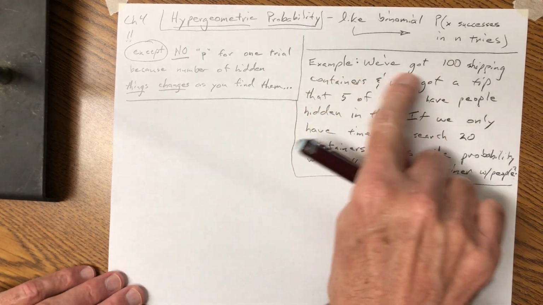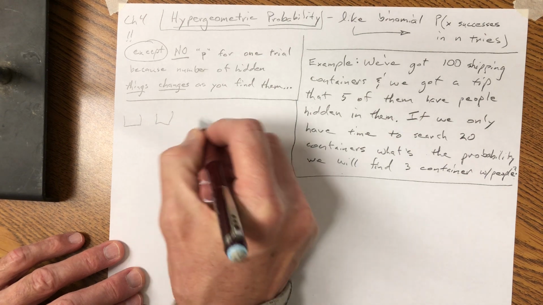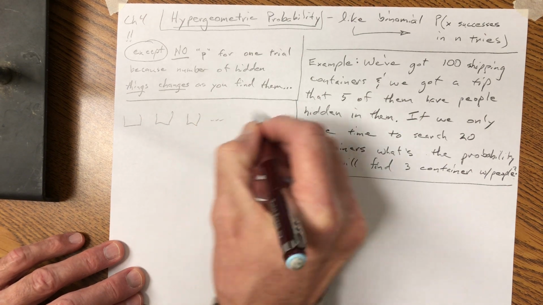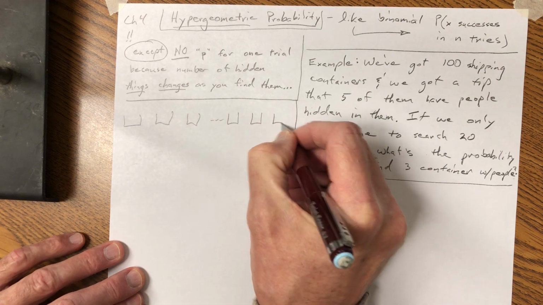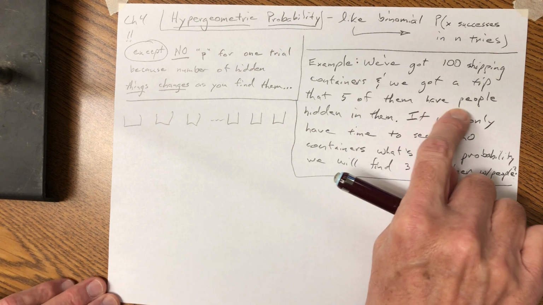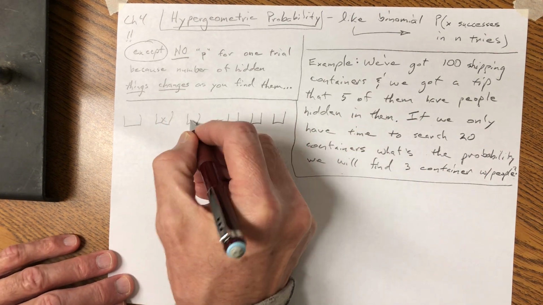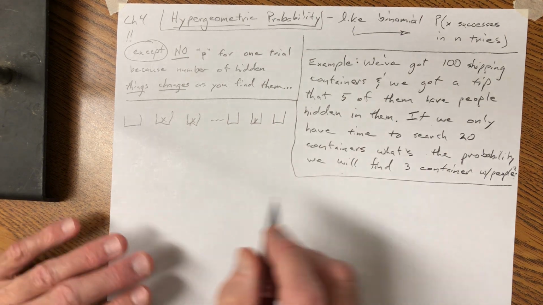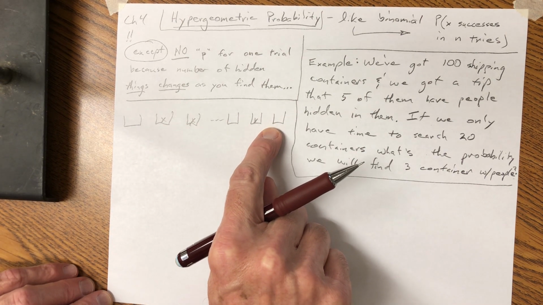So here's an example. We've got 100 shipping containers, and we've got a tip that 5 of those 100 containers have people hidden in them. So maybe in this container, this container, this container, there are 5 out of the 100 that have people in them.